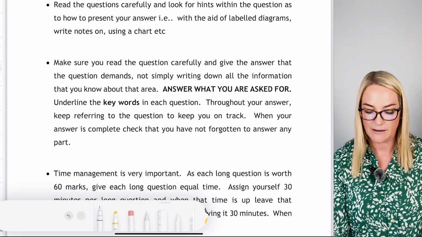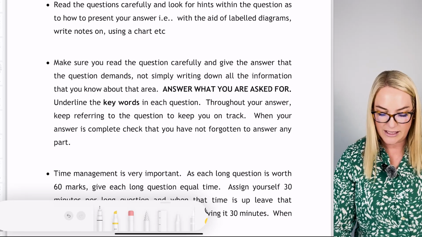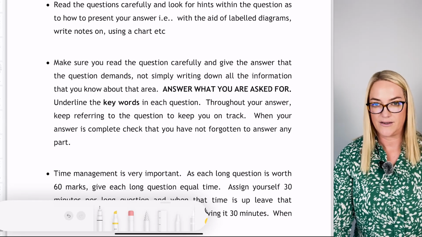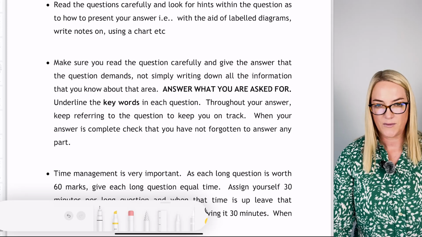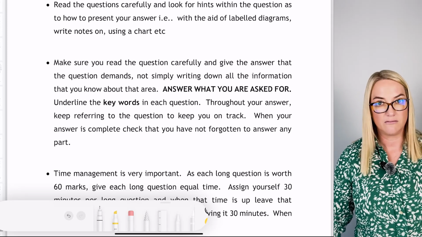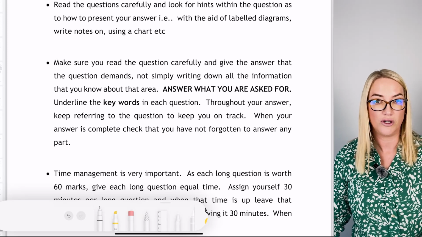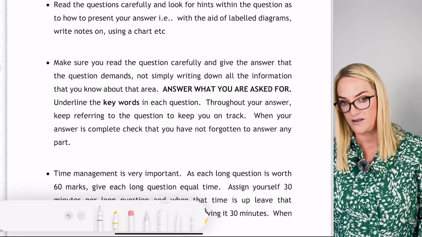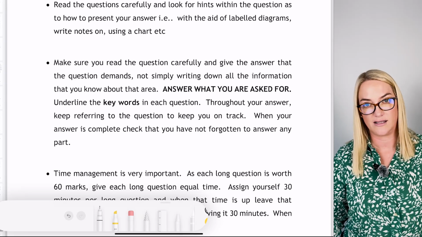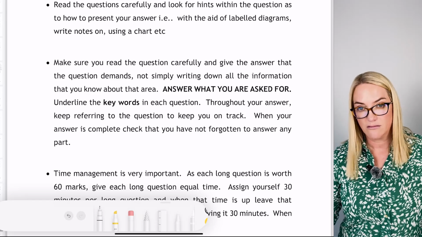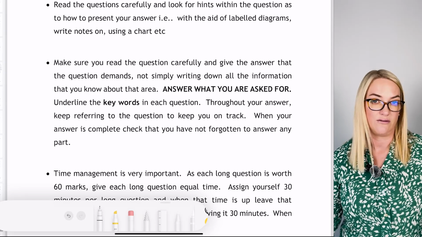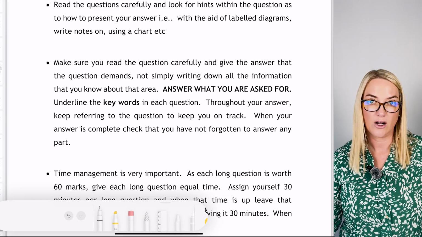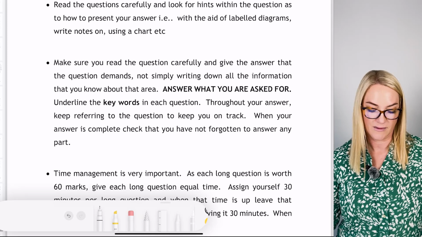When your answer is complete, check that you haven't missed any part. And when students go on a ramble, what it really shows is you don't know what you're being asked. You're hoping, if I put some stuff here, that might be on the marking scheme. So a ramble indicates you don't really know what you're talking about. You're hoping you get a mark.